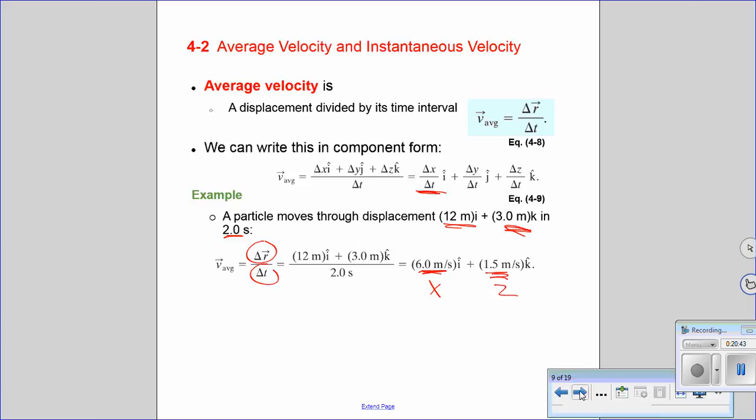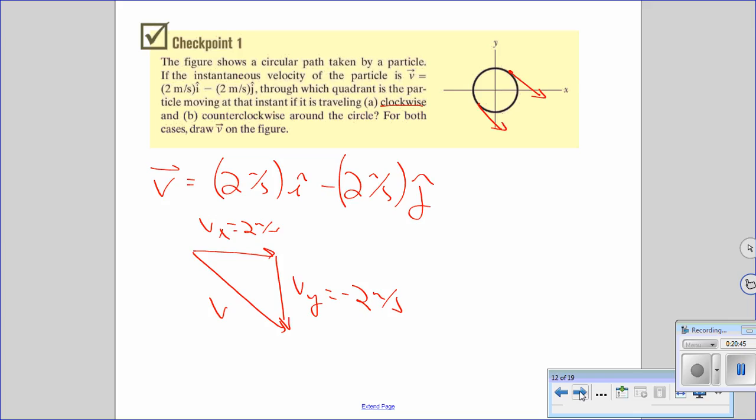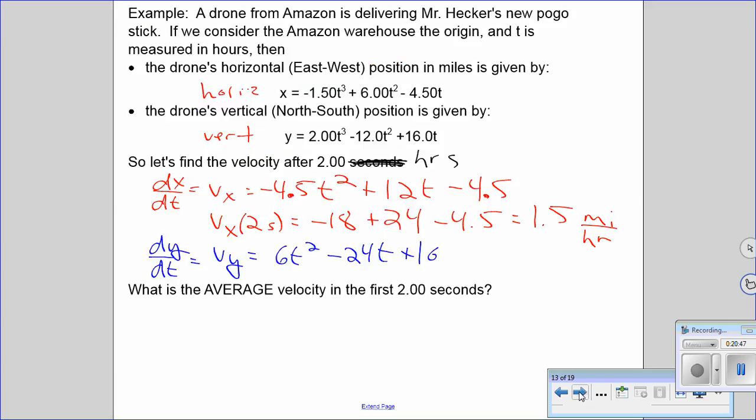All right, so fingers crossed. Always, I know. Yeah, I hear you. No, you're right though. Everything should be hours. All my time units should be hours. Okay, so everybody good with how I got my Vy?